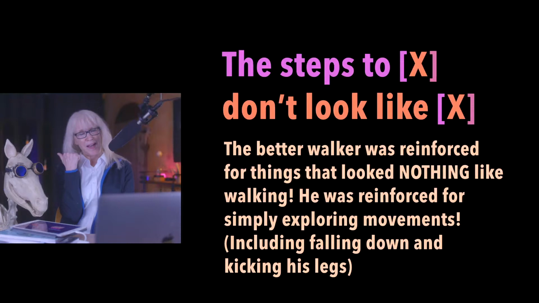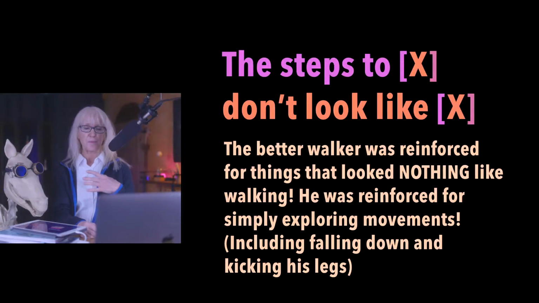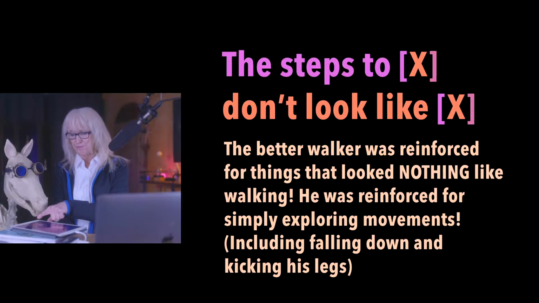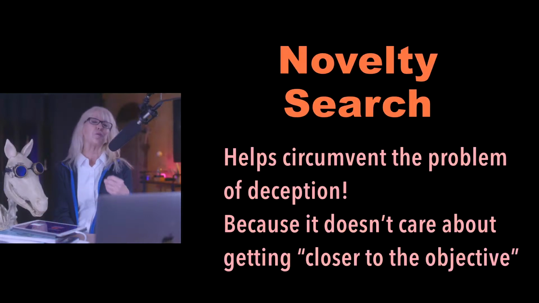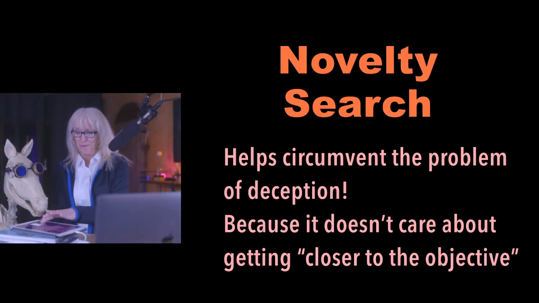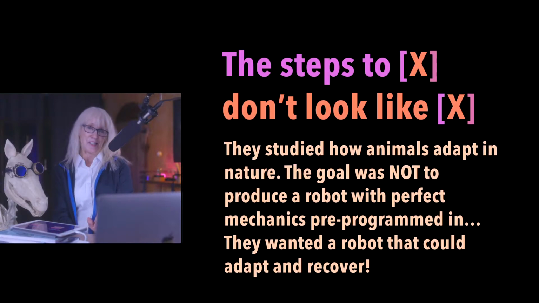This is where we get experts who all have different opinions, because the expert will look back at how they got there and assume, well, I did this and this and this, therefore those are the steps. When it could have had nothing to do with that. It could have had everything to do with something they're not even aware they did. We don't know. There is a lot of research on perceptual and implicit learning, but we won't go there. So novelty search helps get around the problem of deception because it's not trying to work toward that goal. So the steps to X don't look like X.